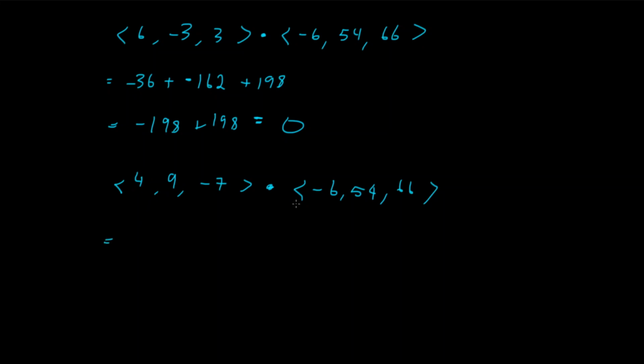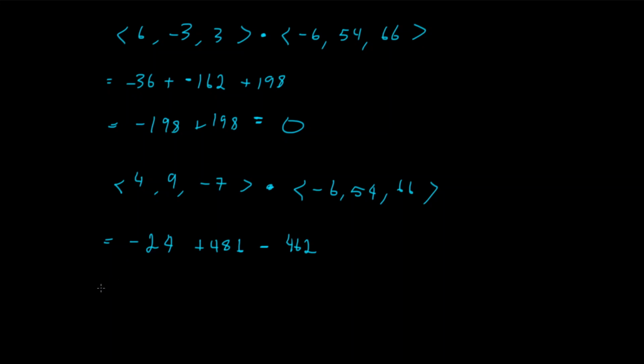Let's figure it out. 4 times negative 6, that's negative 24. 9 times 54. Well, 9 times 50 is 450 plus 36, that's 486. And then we have a minus 7 times 66. That's negative 42 and negative 420, which combined is negative 462.